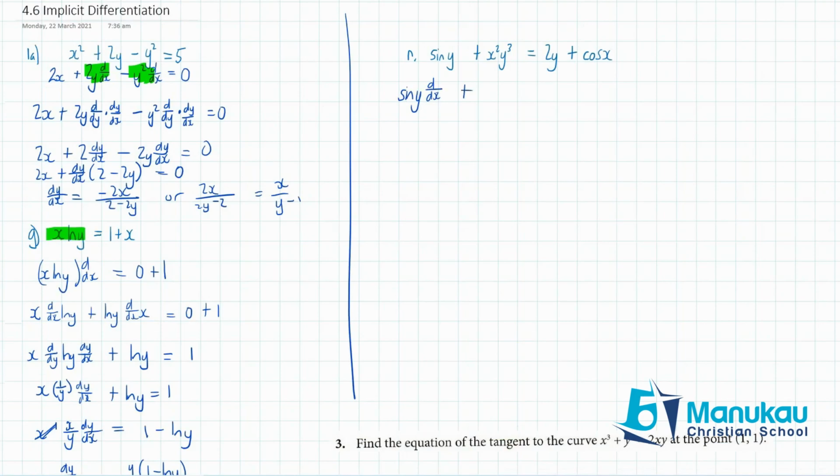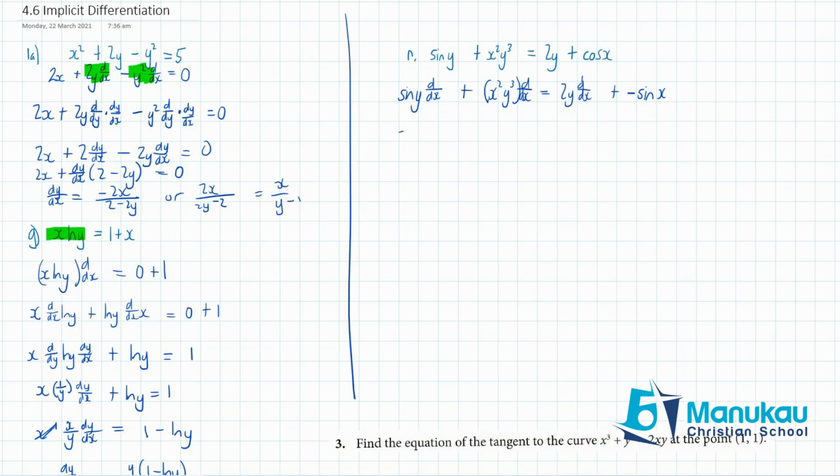This one here is going to be needing the product rule. d dx 2y. We're going to have to do a bit of magic with that. And then cosine x, when I differentiate that with respect to x, it should be minus sine x.